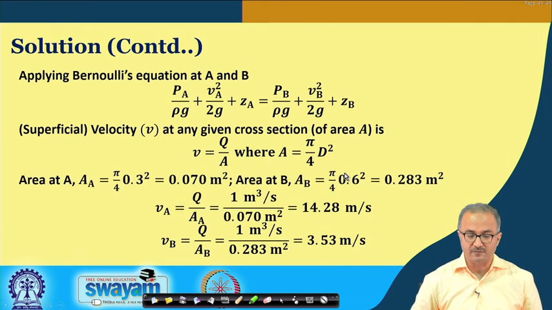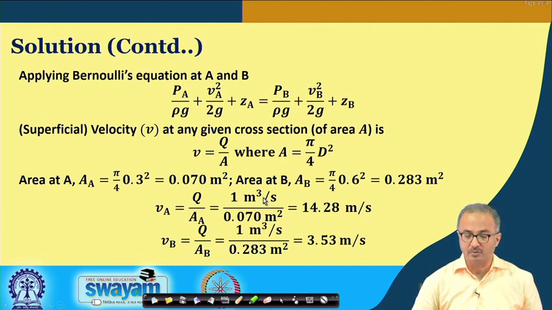With this formula, at point A this is the cross sectional area, and at B this is the cross sectional area. Now, we find out the superficial velocity of water at point A as this value, and the same thing at point B as this value.